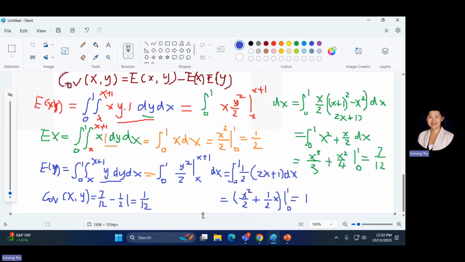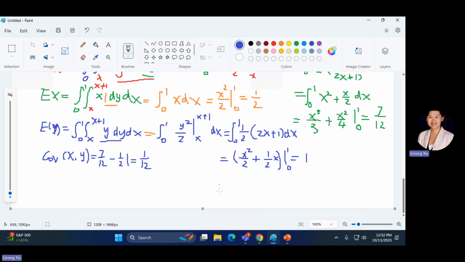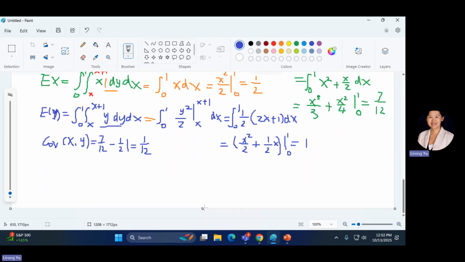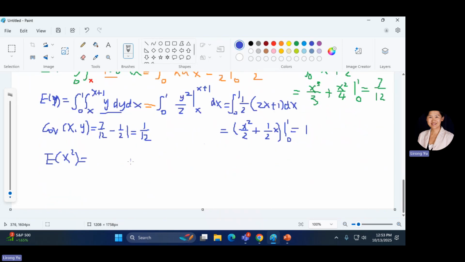We also have to find the variance in order to find the standard deviation, in order to find the correlation. So there's one more calculation. Right, first we'll have to find the expectation of x squared. We do the same; maybe this is a bit tedious since we have to do a double integral.